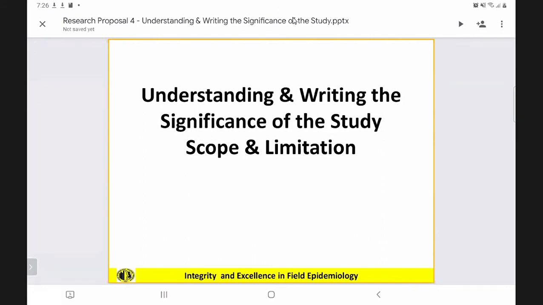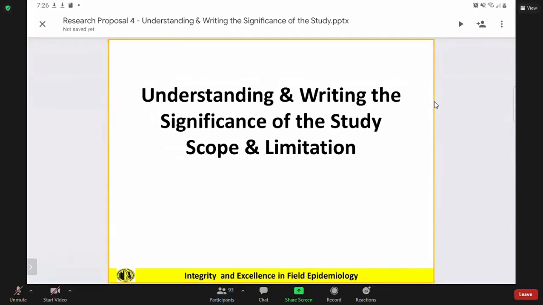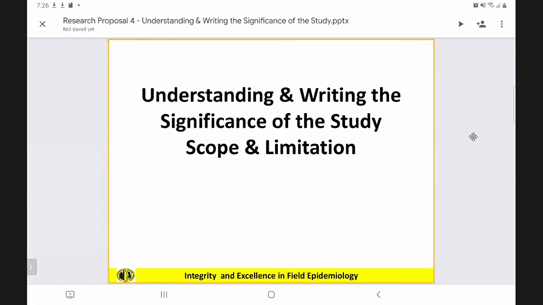Since now you already have your title, the problem, the statement of the problem, as well as your general and specific objectives, and when you look at the problem tree and problem tree solution, you will also have an idea of who are going to benefit, who can really benefit from the results of the study and who will find significance in their line of work. Next slide, please.